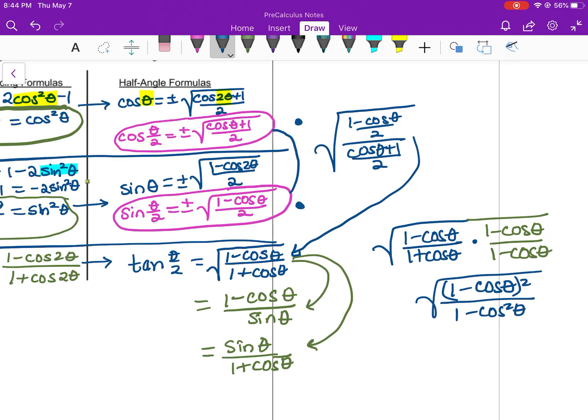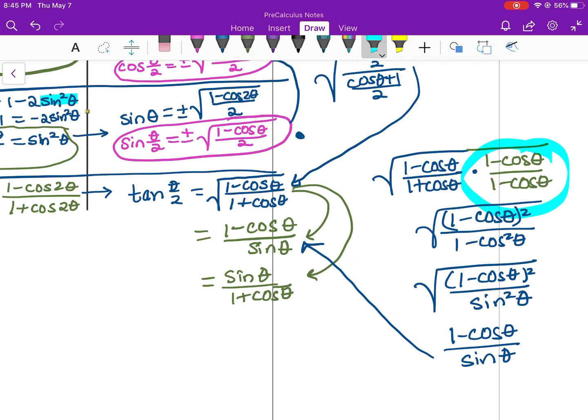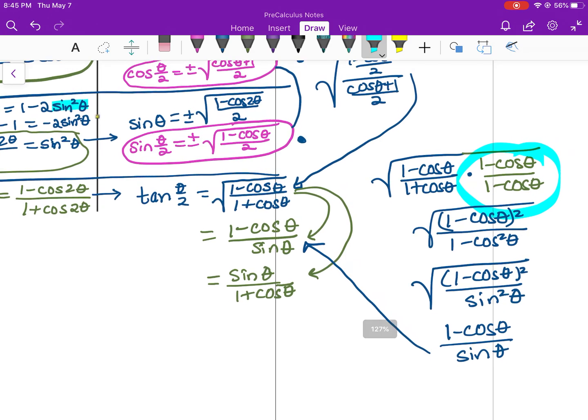And if I take the square root of the top, oh, we'll wait just a second here. Got sine squared theta there. If I take the square root, I'll have 1 minus cosine theta over sine theta. And so that's where this one is coming from. If I want to get this last green formula, I would change my conjugate here to 1 plus cosine theta over 1 plus cosine theta.